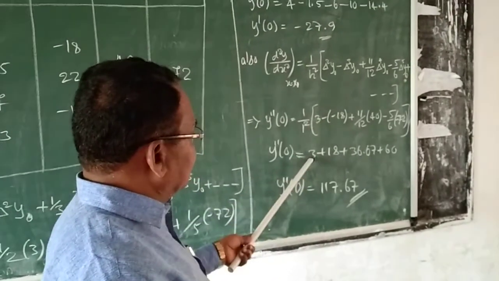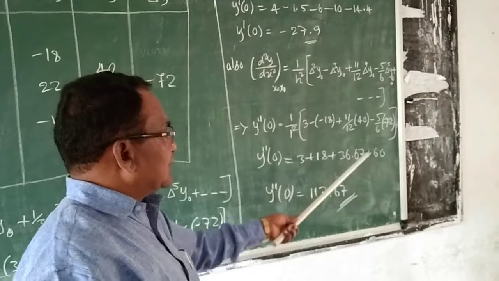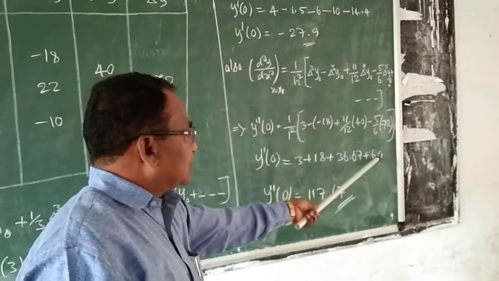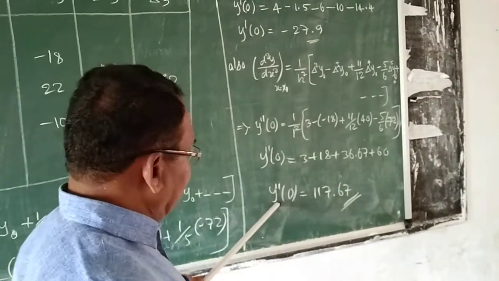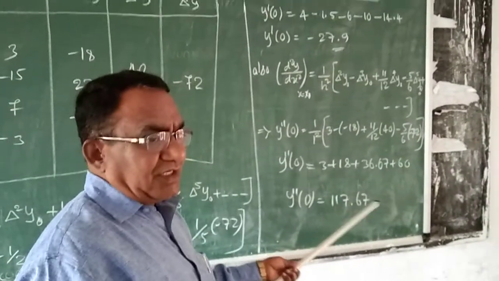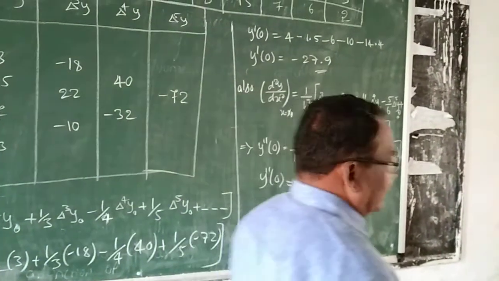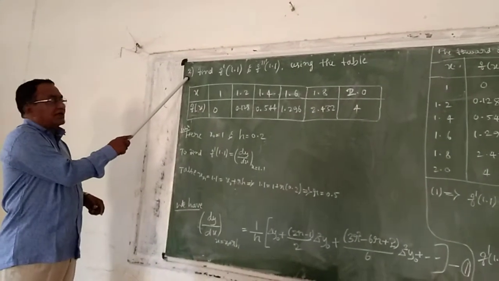Simplifying this, first term 3, second term plus 8, third term 36.67, fourth term minus 60. Overall, the value of y double dash 0 is 107 minus 67. Okay.